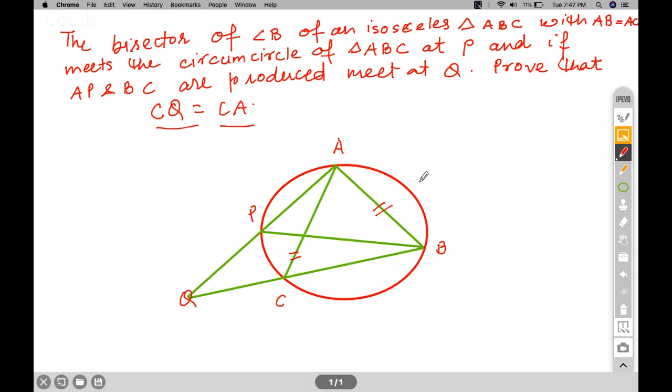Okay, as most of you are saying that I should solve it, I will solve it for you.